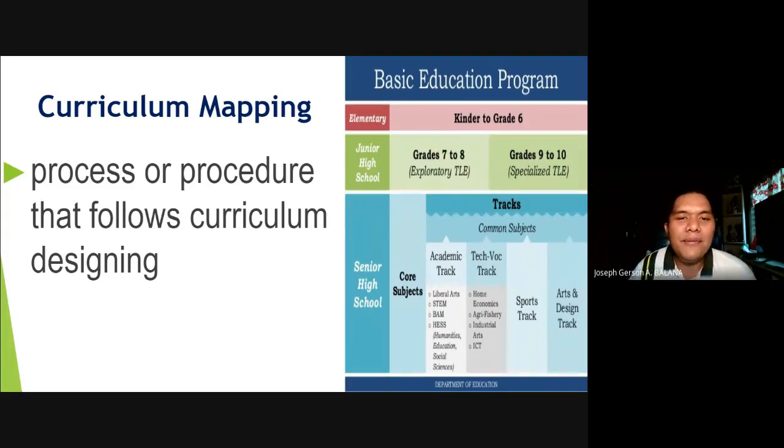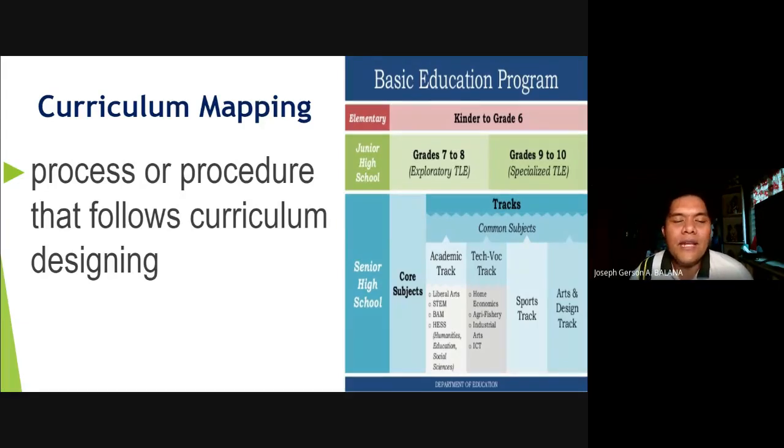Now, at the outset, curriculum mapping is a process or procedure that follows curriculum designing. So remember that there is the planning, designing, implementing, and then assessing or evaluating stage or key stage process.